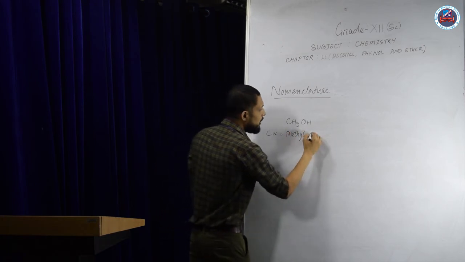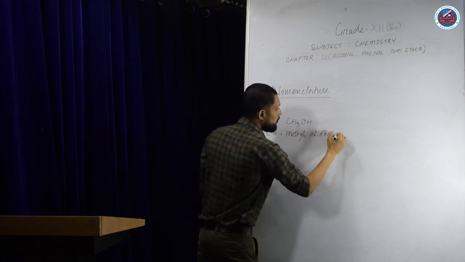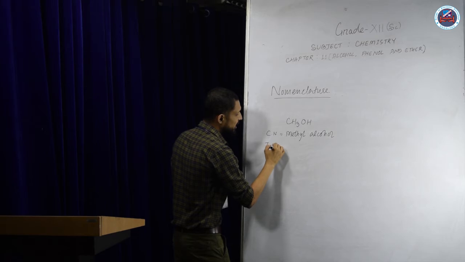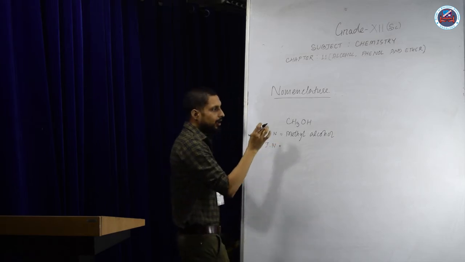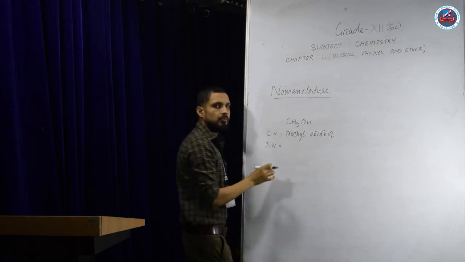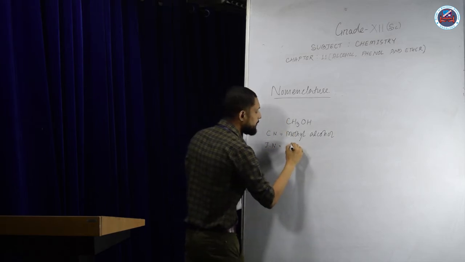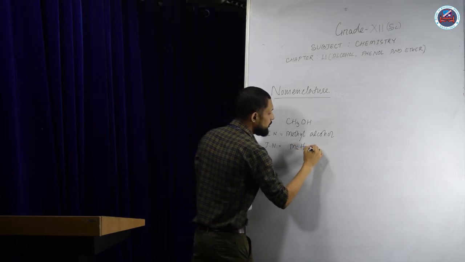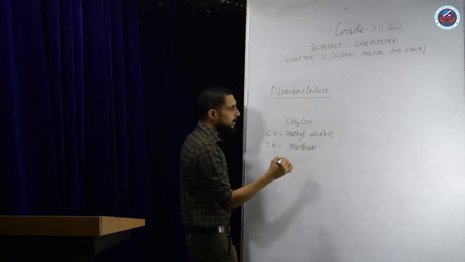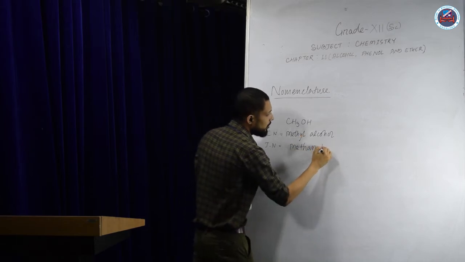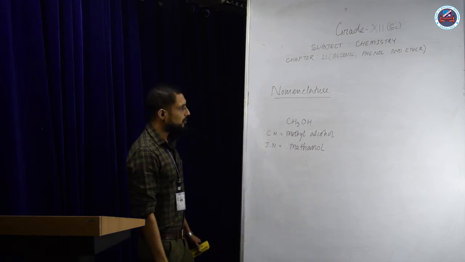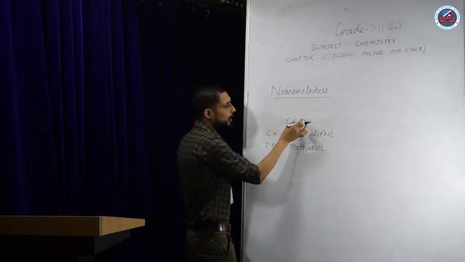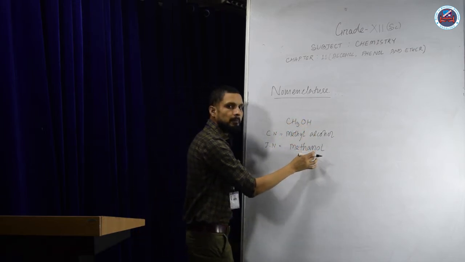So it's methyl alcohol. Whereas the IUPAC name, since you have one carbon, the alkane name is methane, M-E-T-H-A-N-E. And E is replaced by OL. So the IUPAC name for CH3OH is methanol.